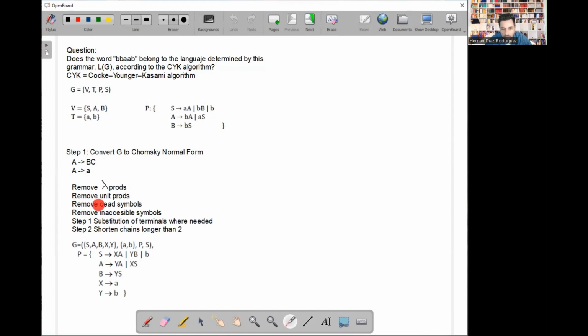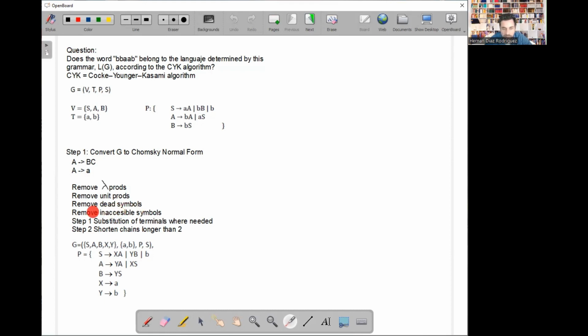Then we need to remove dead symbols. Dead symbols are the symbols that don't end up in a terminal, right? So for instance, here, as we can see, from the initial variable S, we can produce a terminal, and also from the other variables, we can produce a terminal and S. So in this case, there are no dead symbols.